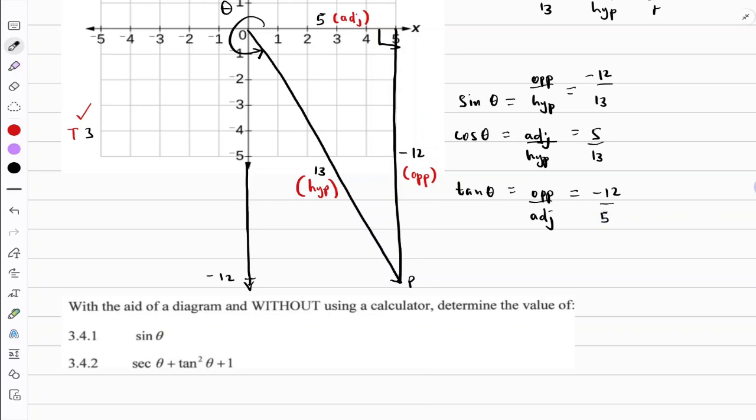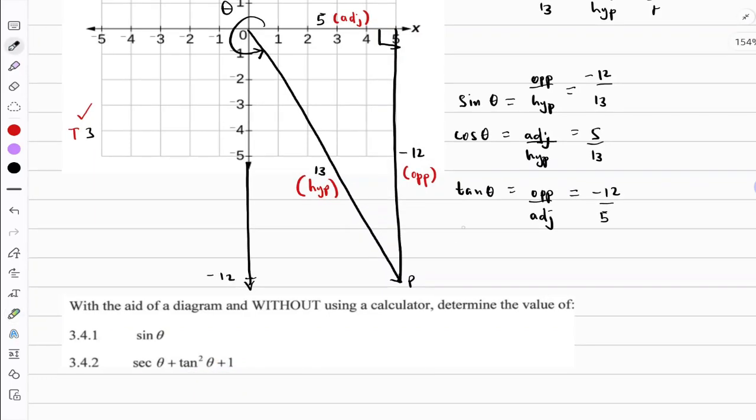So now we can establish the value of this expression. We know that sec theta is equal to 1 over cos theta, and we found cos theta to be 5 over 13, and we know sec theta is the reciprocal.